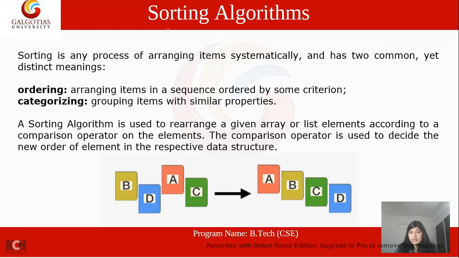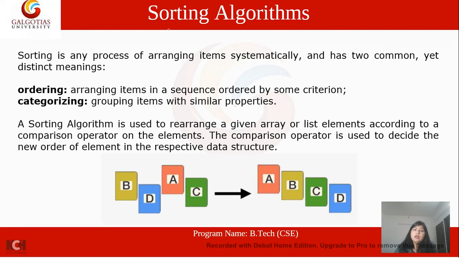First is ordering and second is categorizing. Ordering means arranging items in a sequence by some criterion, whereas categorization is the grouping of items with similar properties.